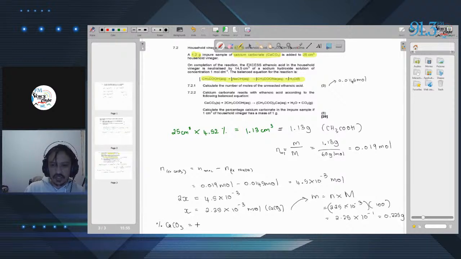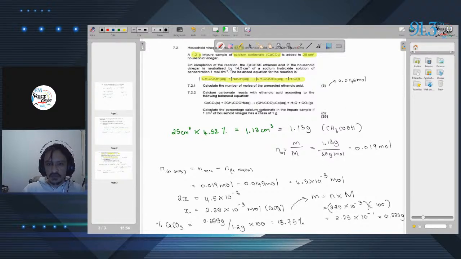And all we do is say 0.225 grams divided by 1.2 grams times 100. And that's going to give us an answer of 18.75%. Right? So quite a bit of work just for 8 marks.